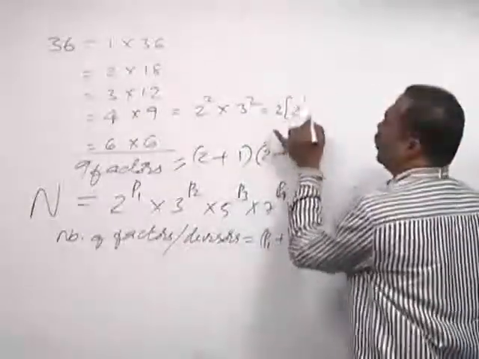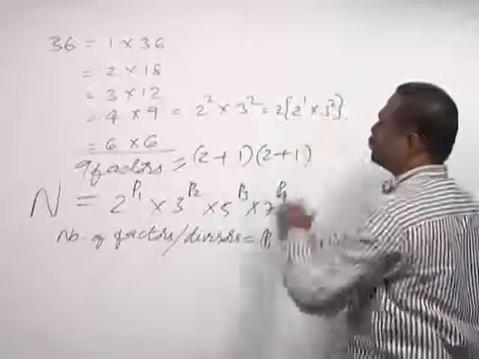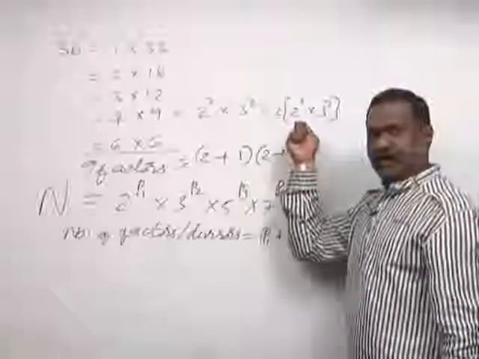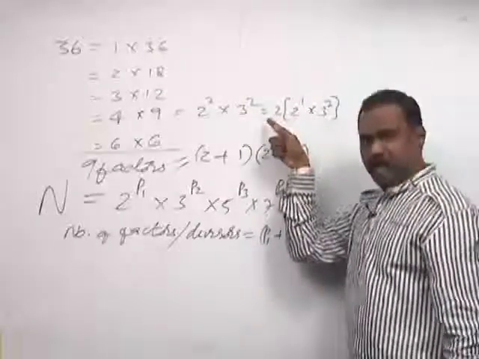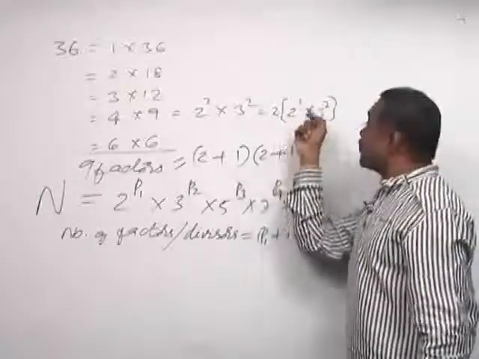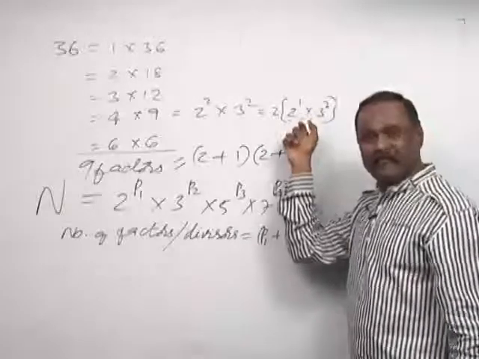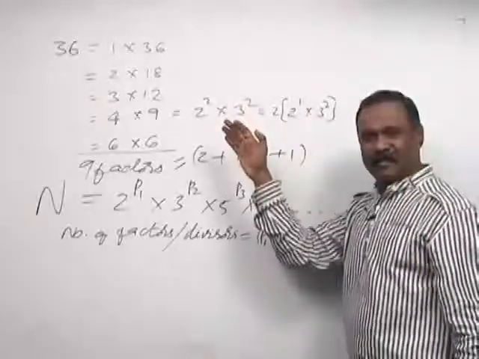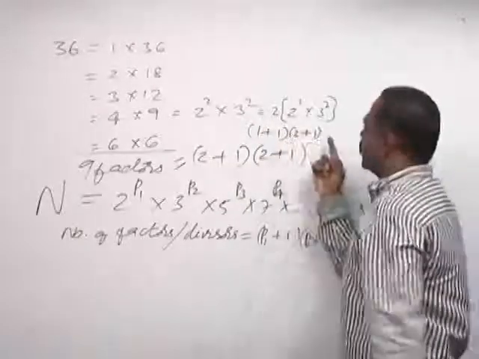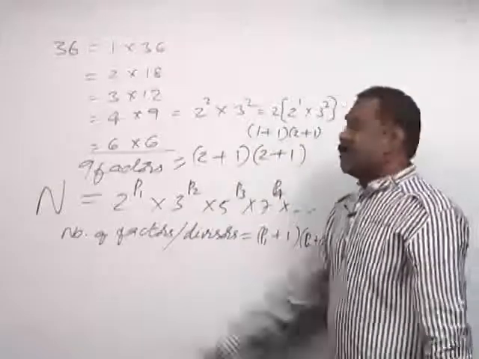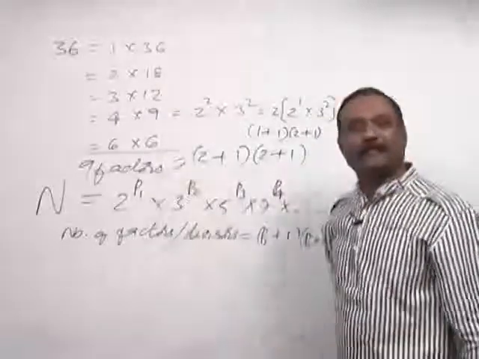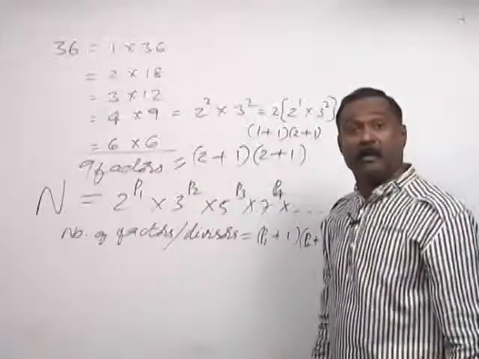Then what should be remaining? 2 power 1 into 3 square. Whatever factors you write for the terms in the brackets, every factor will definitely be multiplied by 2 because I need even divisors. So now apply the same formula for this one. For this one, by separating 1 two out, it should be 1 plus 1 into 2 plus 1, which is nothing but 3 into 2, which is nothing but 6. 1, 2, 3, 4, 5, 6. That will give you the number of even divisors.